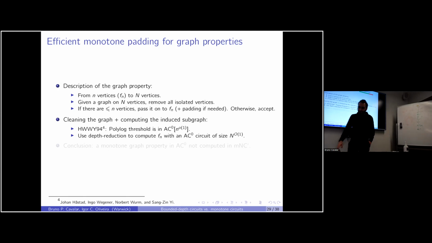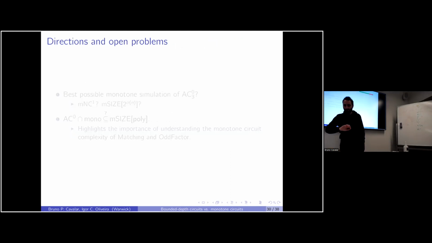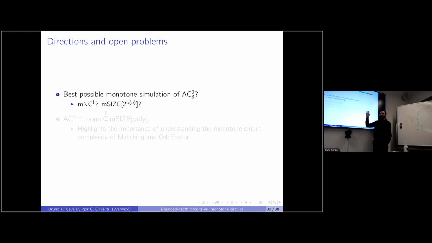Good. So in conclusion, I get this monotone graph property in AC0, which is not computed by monotone circuits of polylog depth. Okay, so some directions and open problems. We showed that there are monotone functions in AC0 that cannot be computed by polylog depth monotone circuits.